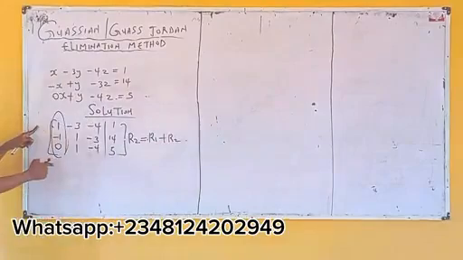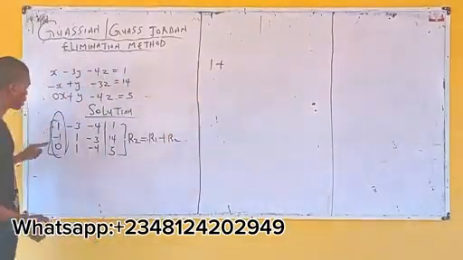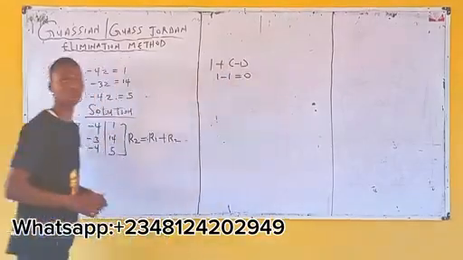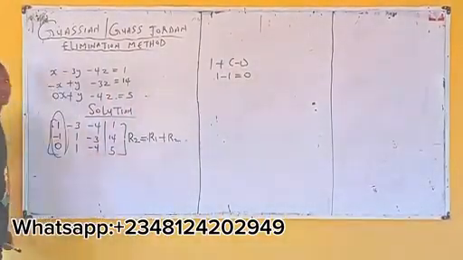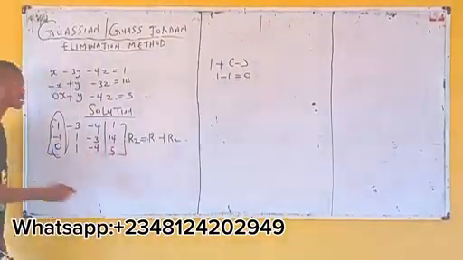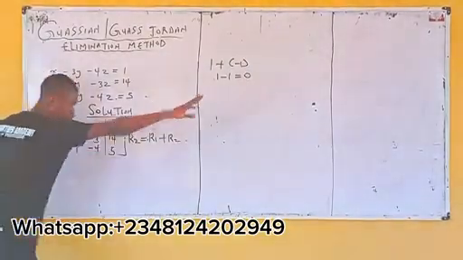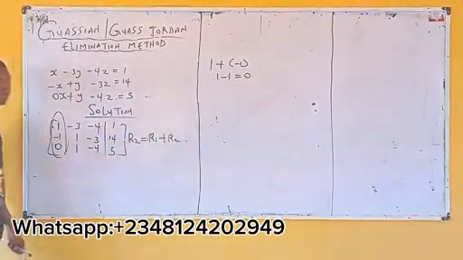Meaning for this column 1, what's your row 1? 1. Plus what's your row 2? -1. So 1 minus 1 is what? 0. To make this -1 to be 0, this is the manipulation. Also take note that this is not affecting row 1. It is affecting row 2 all through. Are you getting me?